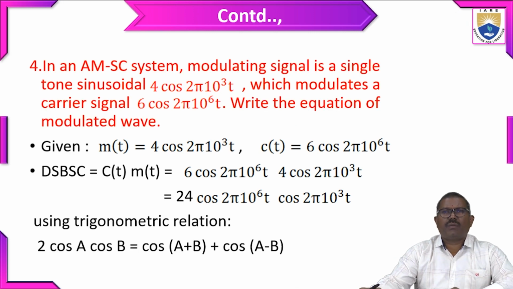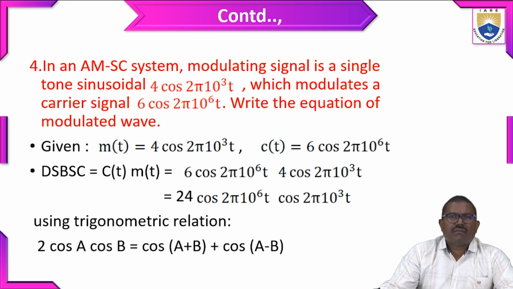And now another problem: in an AM-SC system, the modulating signal is a single-tone sinusoid 4 cos(2π × 10^3 t), which modulates a carrier signal 6 cos(2π × 10^6 t).